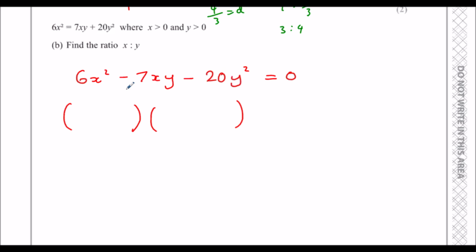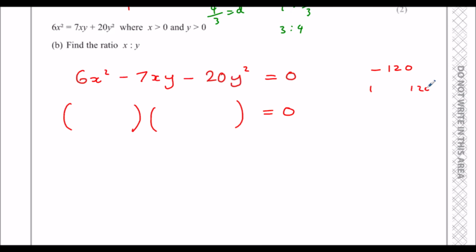We can do a times c, or should we just go for it? We'll do a times c. So 6 times negative 20 is negative 120. What multiplies to give us 120 and adds to give us a 7?